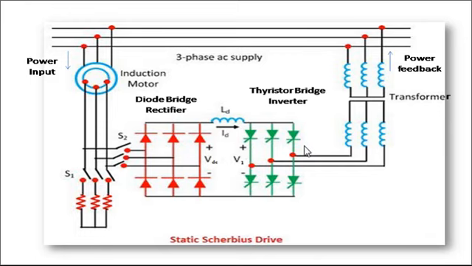In this way, the slip power which was wasted before, which is not converted into useful mechanical power, is converted and fed back to the mains AC supply.